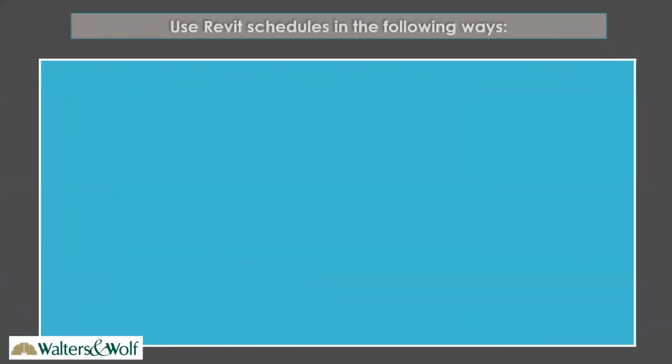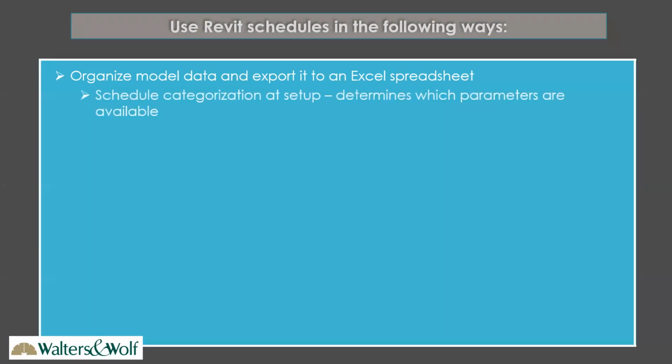Okay, so we can use Revit schedules for a lot of different things, but what we're going to talk about today is organizing model data and exporting it to an Excel spreadsheet. There's schedule categorization that's set up, and that determines which parameters are available. So that's the very first step, and it's important.